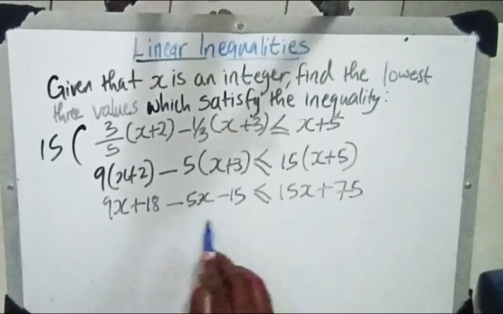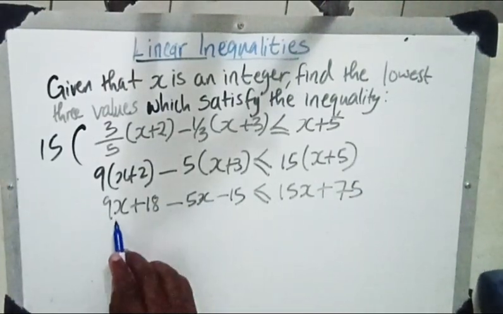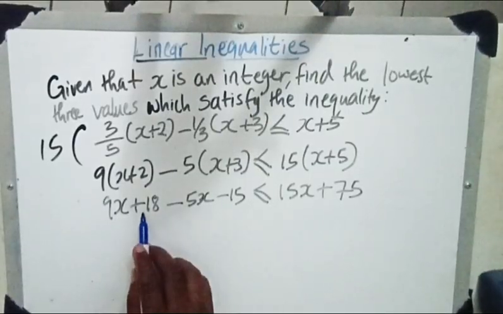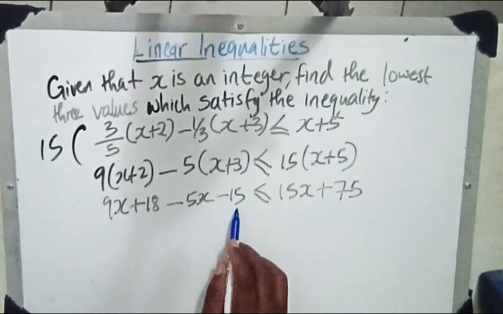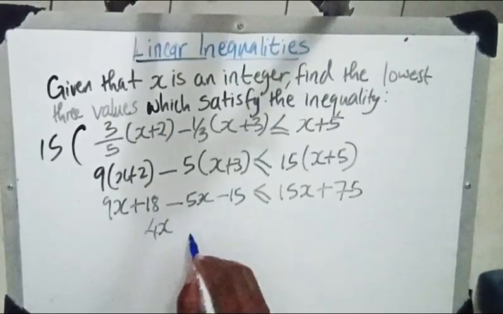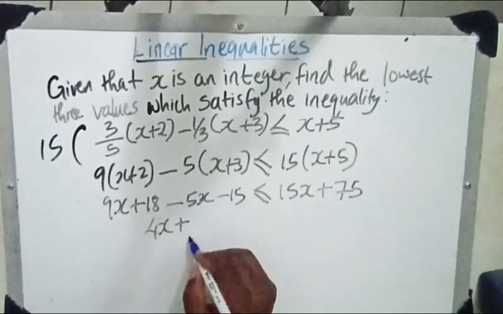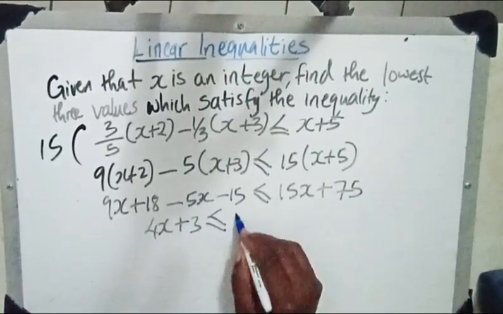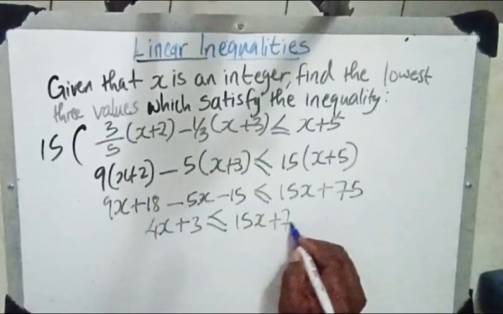So let's resolve these first. Here we have 9x minus 5x, and then we have 18 minus 15. And that is going to give us 4x. 9x minus 5x is 4x, plus 18 minus 15 is 3, less than or equal to 15x plus 75.